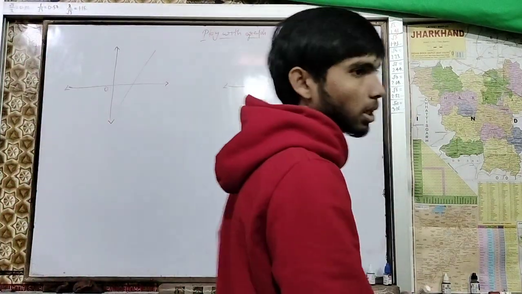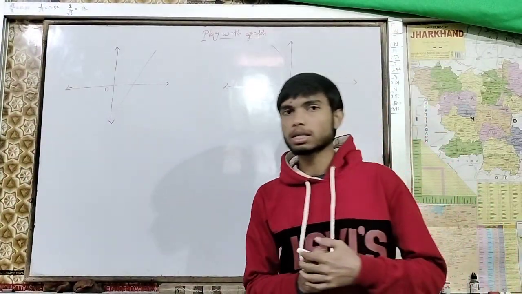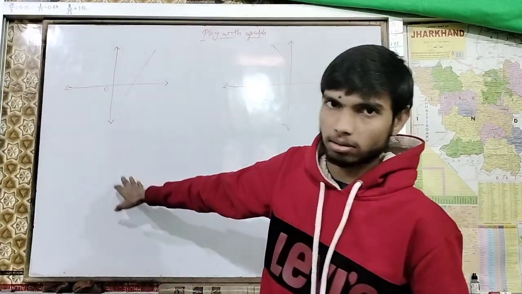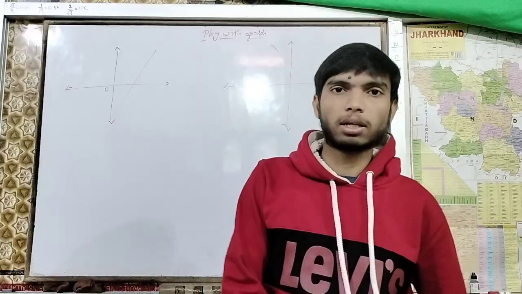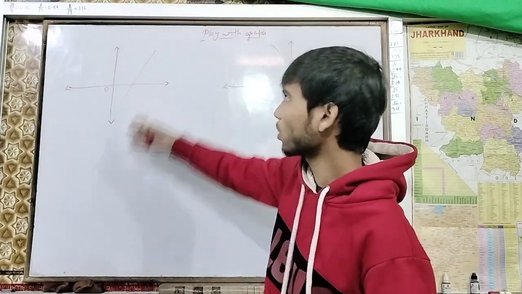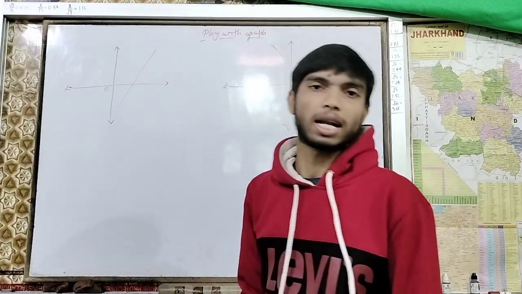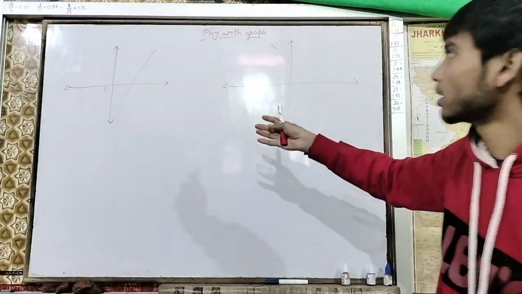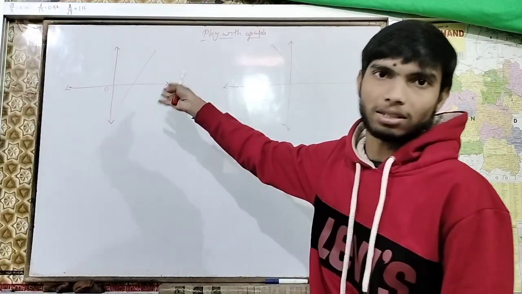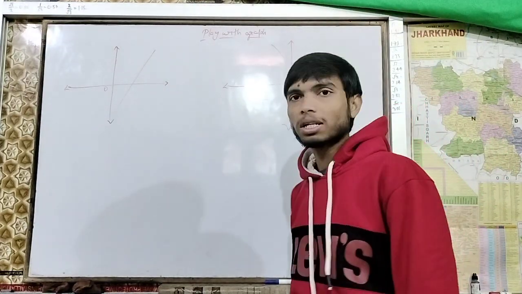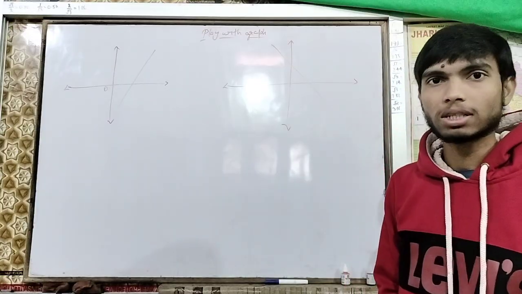So there is a logic behind it, and the logic is, if the graph is like this, you can see a tangent. Just draw a tangent. If you have a curved line, you can just draw a tangent line at that point. So you will get a straight line like that. Now your work is to observe that theta.